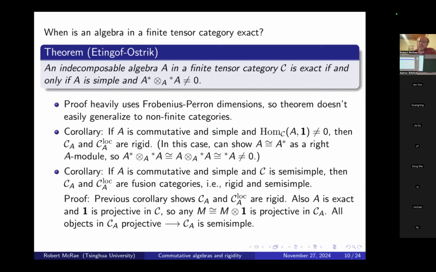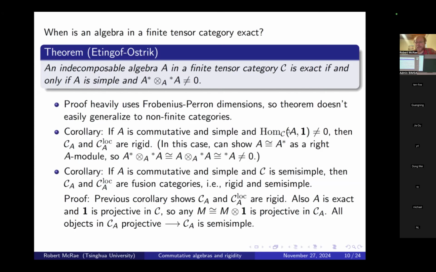But if you're mainly interested in finite tensor categories, this is a great theorem to have. For example, you can easily see that if A is commutative and simple, and there exists a non-zero morphism from A to the unit object, then the algebra will be exact, and therefore CA and CA loc will be rigid.